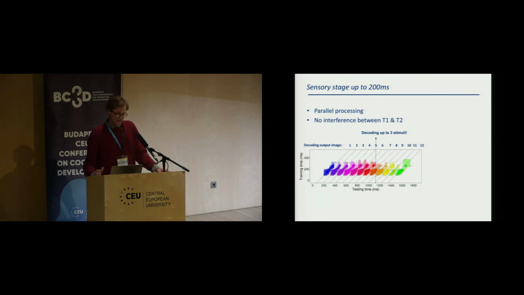As you can see on this figure, that's the decoding performance for each stimulus in the visual stream. So here you have, let's say, 12 stimuli. And you see the decoding performance is about the same for each stimulus. Whatever the target, whatever the distractor, if the distractor is close to the target or far from the target, the decoding performance is the same, suggesting that it's really a parallel processing.